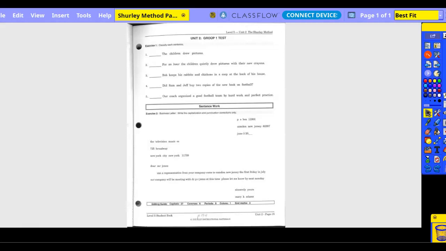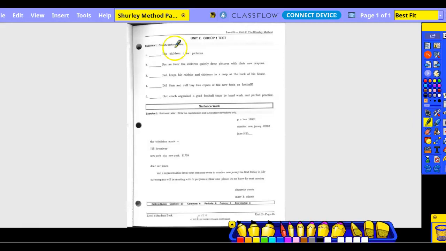All right? The children drew pictures. Who drew pictures? Children. Subject, noun. What is being said about the children? Drew. Verb. Okay, what did they draw? Pictures. Are pictures the same thing as children?